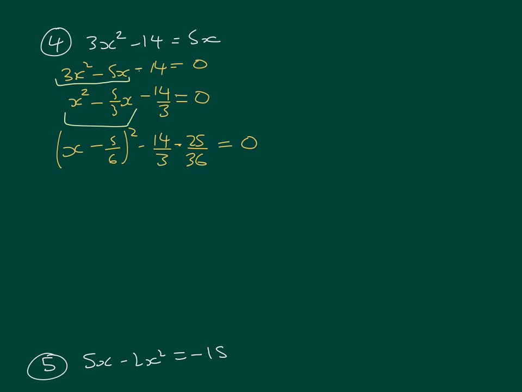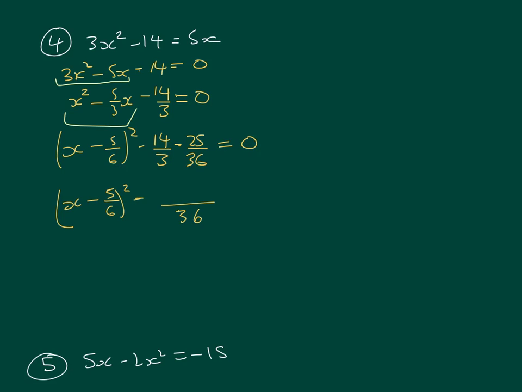We'll have to give them the same common denominator. So the common denominator is going to be 36. So they're both going to be fractions over 36. And we'll have minus 14. Sorry, minus 4, not minus 14.